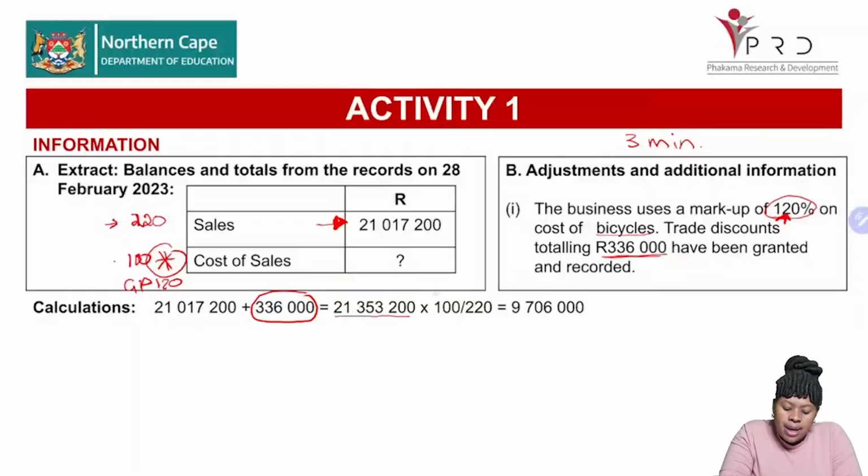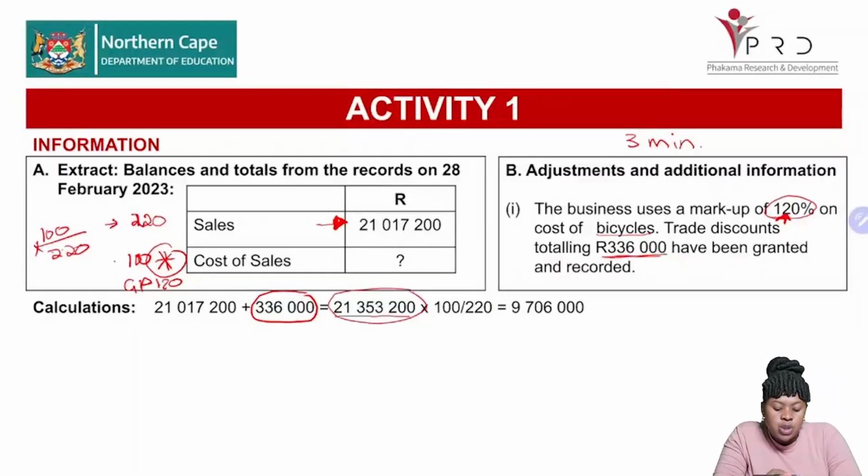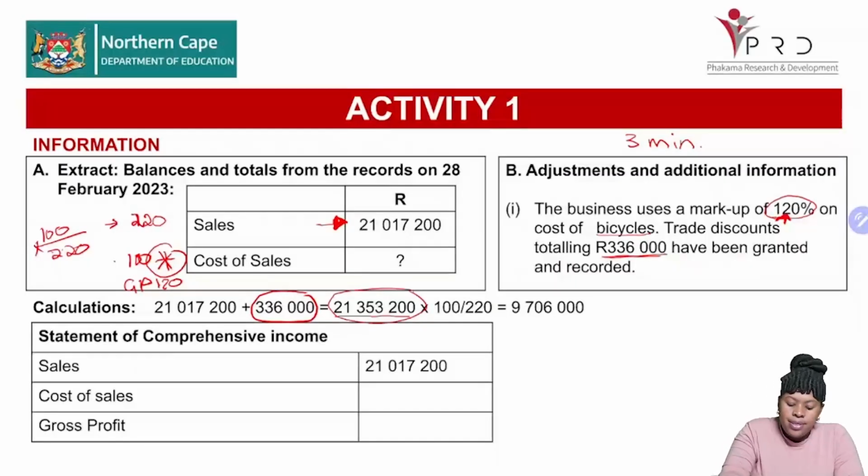I'm looking for my 100, and they've given me 220. Then we multiply by the amount we've just calculated, which is the actual sales amount it was supposed to be. That will give us this value. This is our cost of sales.